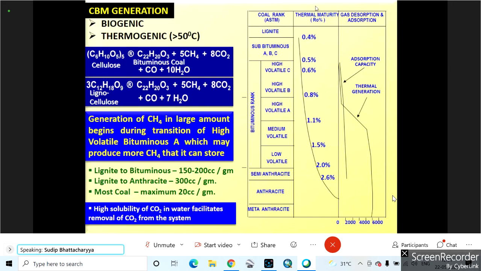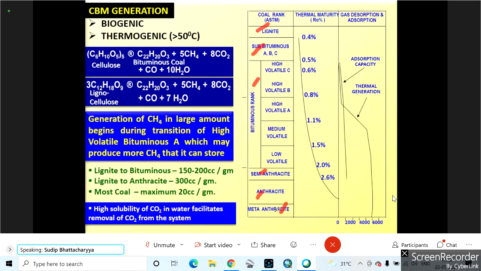Just see the table on the left, and you can see that according to the coal rank we know lignite, subbituminous, bituminous, semi-anthracite, anthracite, meta-anthracite. So we are going from diagenesis and catagenesis to the metagenesis state of an organic-rich sediment which is enriched in, suppose, type 3 kerogen.